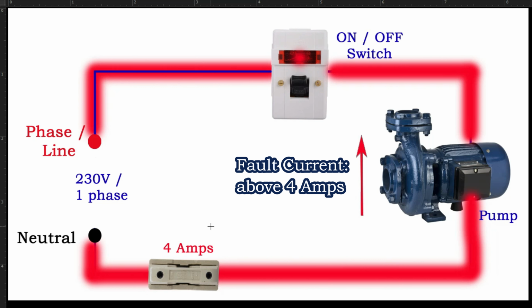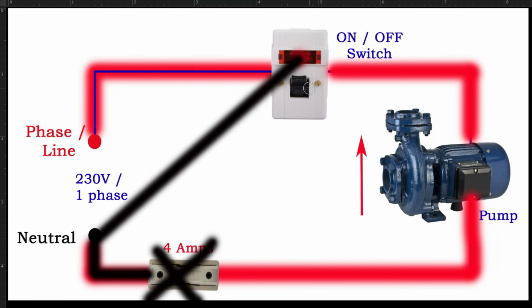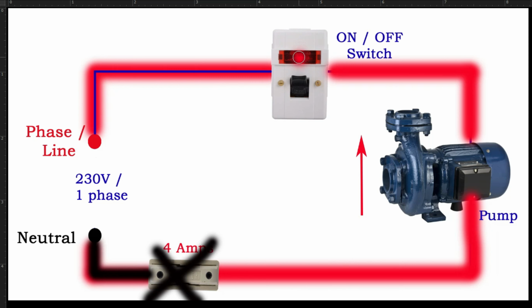But we have to mind one thing here: the phase is always connected with the load through the switch. Due to the absence of neutral, the pump won't rotate. At the same time, the switch won't indicate any power flow inside the circuit. In this scenario, a person may think the load is not working due to the absence of electrical supply, and they may try to touch the load or switch with their bare hand.